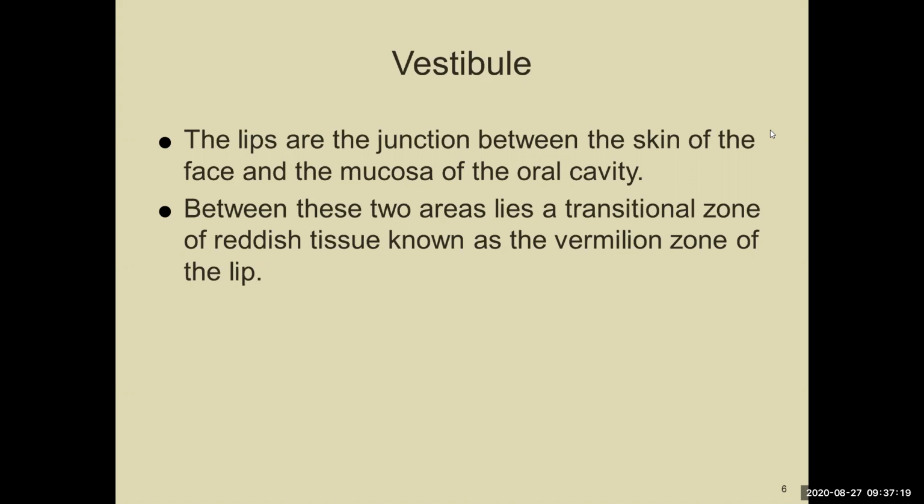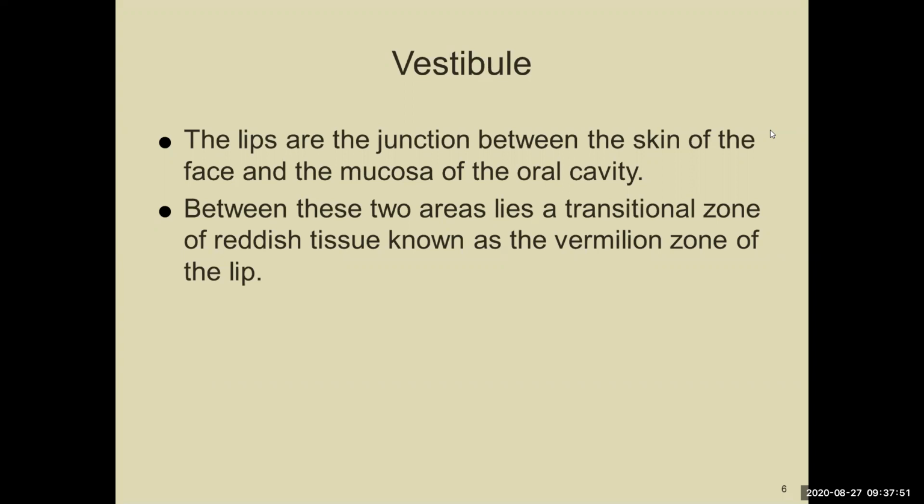Skin and mucosa are two different things because they have different types of cells. The skin has keratinized tissue on the outside, versus the mucosa, which is the lining of the oral cavity. Between those two areas lies a transitional zone of reddish tissue, known as the vermilion zone of the lip.